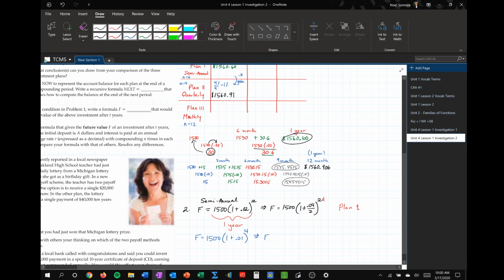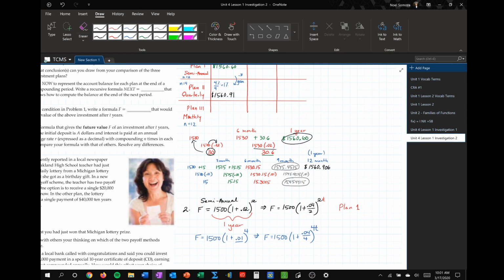Now it's F equal to 1,500 times 1 plus the original rate, which was 0.04. Because we were doing this quarterly, I had to divide that by 4, and that's how I get the 0.01. So they're equivalent, just written in different ways. It's 4 times in a year, but if I have multiple years, then I would need a variable of t. If it was 2 years, it's 4 times the first year, 4 times the second year, so it would have had to happen 8 times.